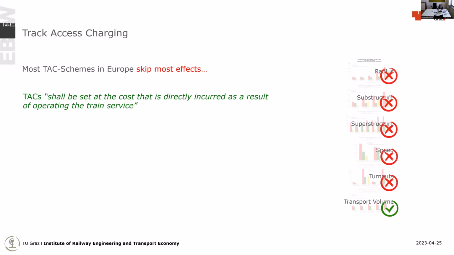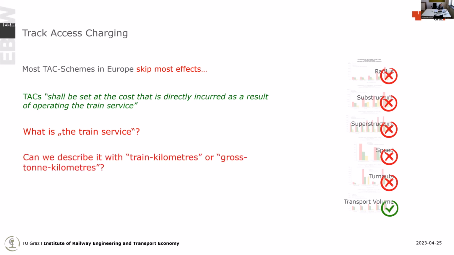Now, from an engineering point of view, what is the train service? In railway operation, we have different trains. We have different train services. So can we really describe this train service with the cost units train kilometers or gross ton kilometers?